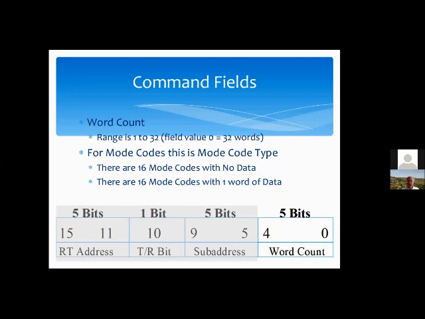Every time you send something to me over bus B, I got a problem with it. So I just want you to shut down your bus B. Right? So this has to do with the health of the bus. It doesn't have anything to do with the actual communications that's going on. So a mode code is a message intended to create a healthy environment for the bus. And we'll see other uses for the mode code later on.